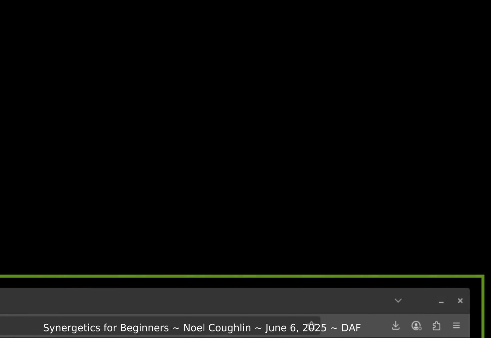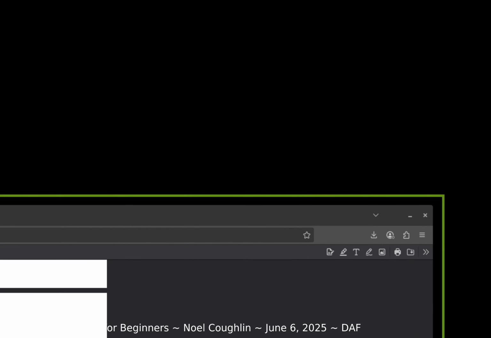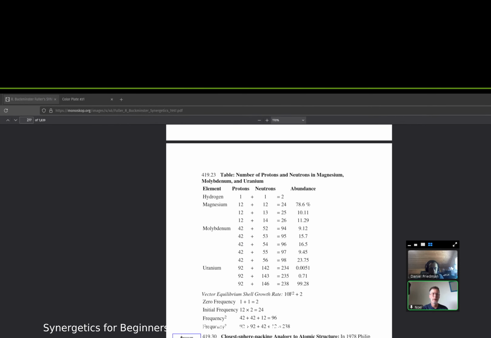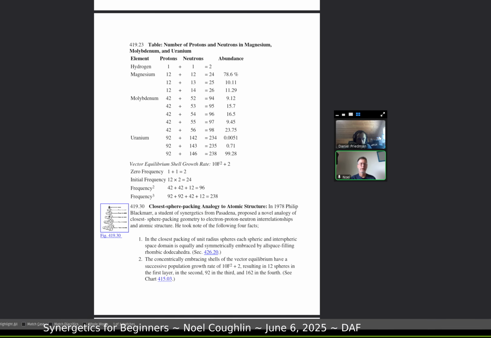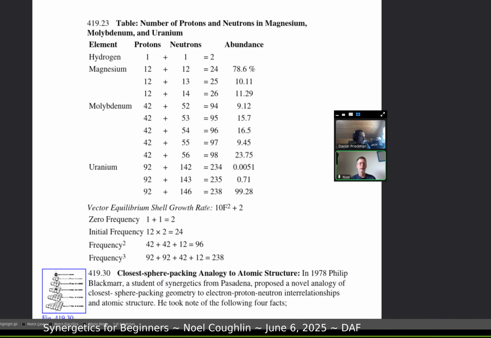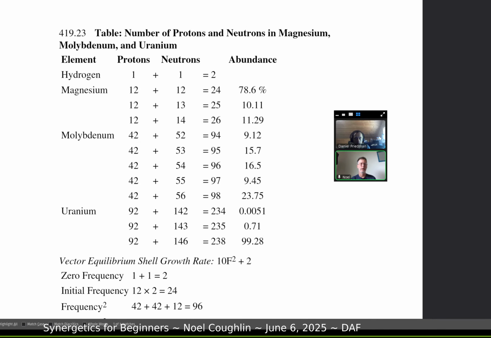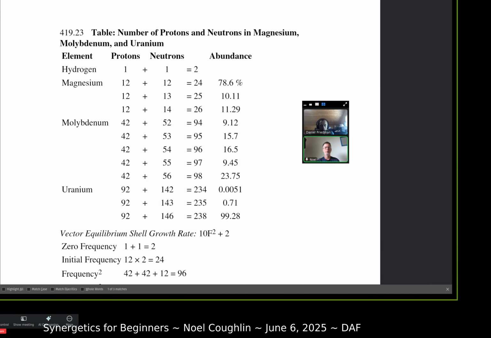He does the same thing for molybdenum, which is element number 42, and shows how it has the correct number of nucleons. And then he does it for uranium also. So basically, this is what Arthur showed me.